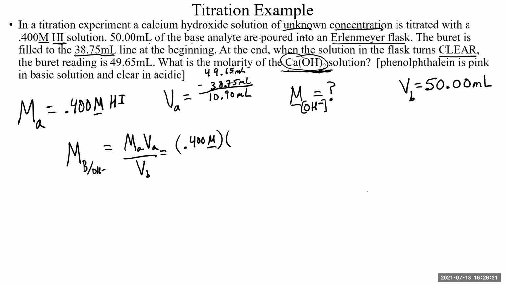This isn't a fraction, by the way. This is a subtraction up here leading to the result, 10.9 milliliters. And I divide by the volume of my base, which was 50 milliliters. And so what does that get me? Well, it's going to give me approximately 1/5 of 0.4, a little bit more than 1/5 of 0.4. So probably about, I don't know, 0.085 or something, or 0.083.